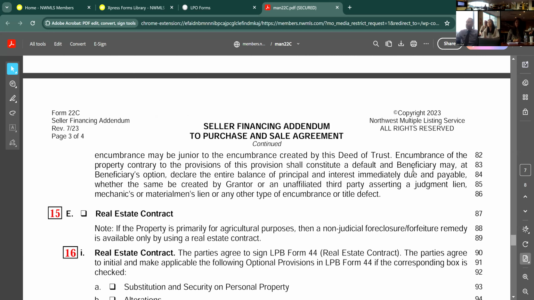Encumbrance of the property contrary to the provisions of this provision shall constitute a default, and beneficiary may, at beneficiary's option, declare the entire balance of principal and interest immediately due and payable, whether the same be created by grantor or an unaffiliated third party asserting a judgment lien, mechanics or materialman's lien, or any other type of encumbrance or title defect.